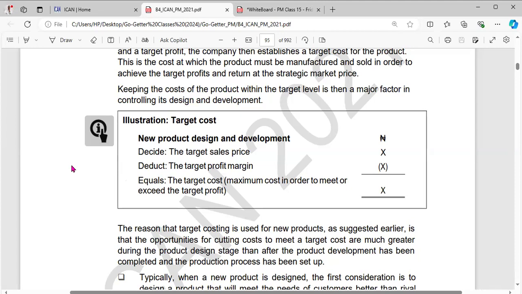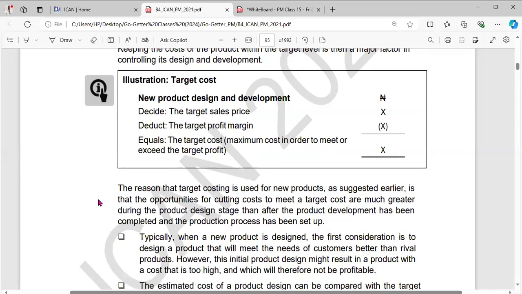What you have is your target cost. That target cost is the maximum cost that you must spend to meet your target profit. If you spend above that, your profit margin will go down, because you don't want to sell below that price. If you want to maintain your profit margin and your cost exceeds your target cost, of course, that means your sales price will exceed. But you don't want to exceed your selling price. So if your target cost is exceeded, your profit is reducing.